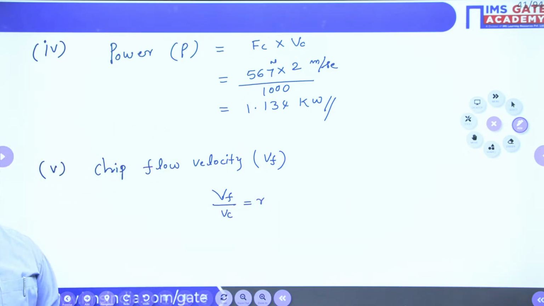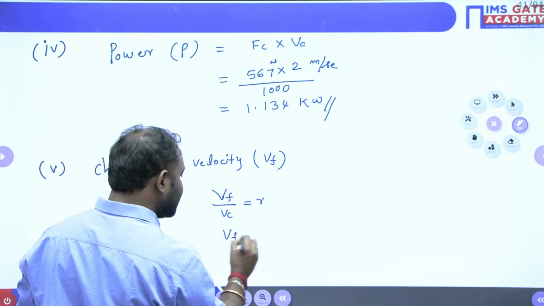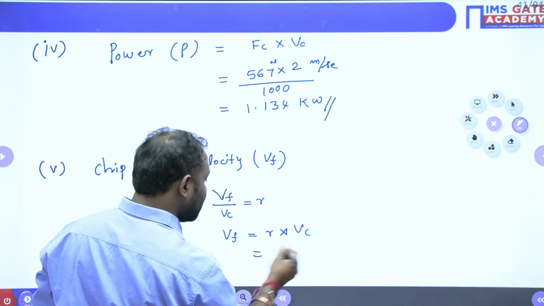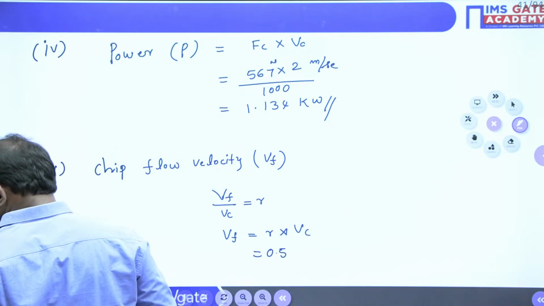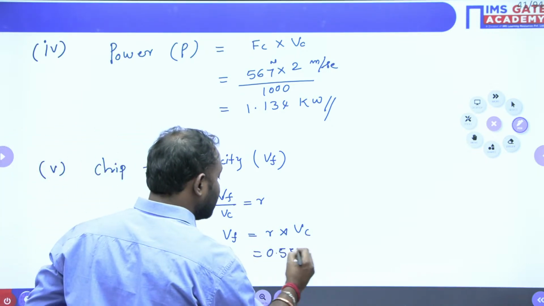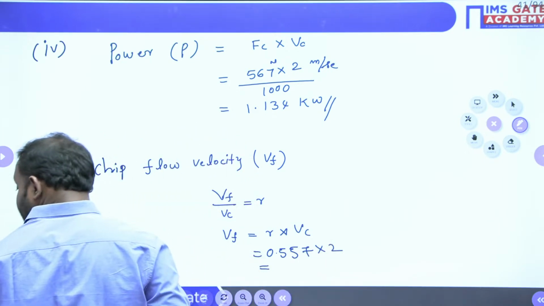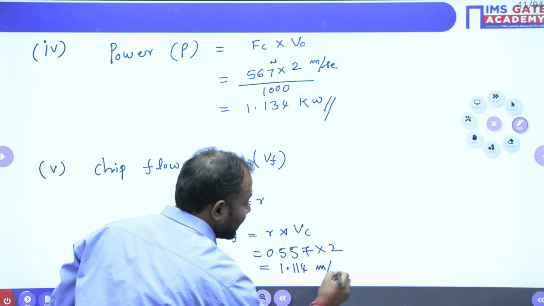Now we know VC and we have to find VF. VF is equal to r into VC. Now VC is 2 meter per second and r is equal to 0.557. So 0.557 into 2 meter per second. So your VF is going to become 1.114 meter per second.